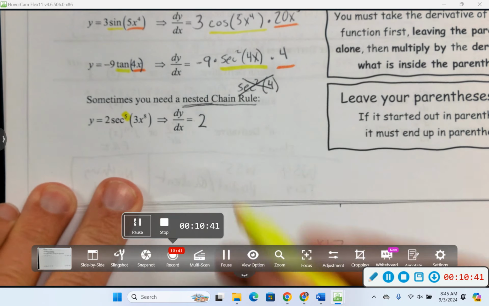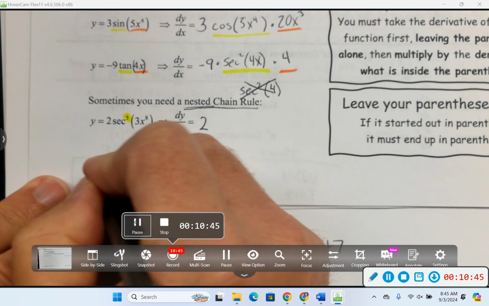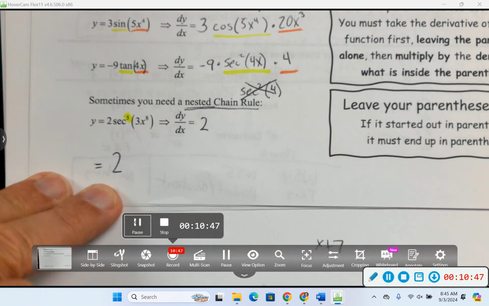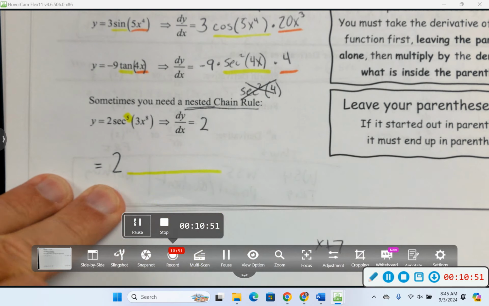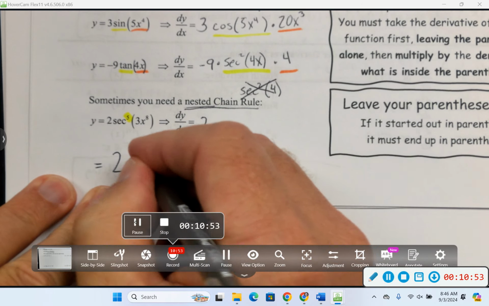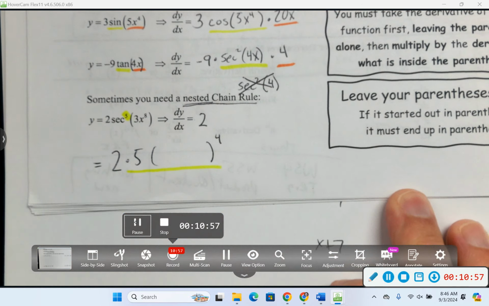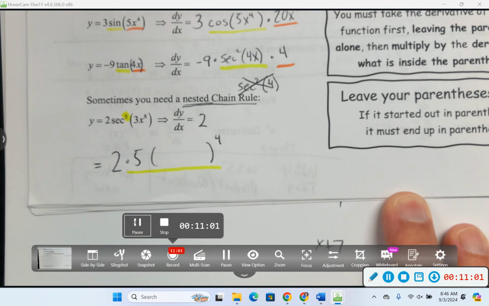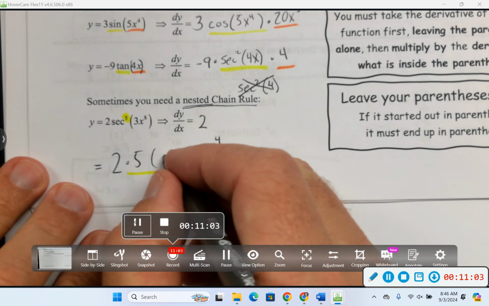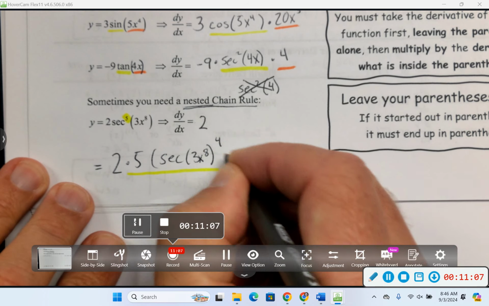So the derivative of, you know what, I'm going to have to put this on a separate line because there are so many chains together here. The derivative of something to the 5th is 5 times the thing to the 4th. But the stuff in the parentheses doesn't change, right? Because we only eat one layer at a time. So in parentheses is secant of 3x to the 8th.